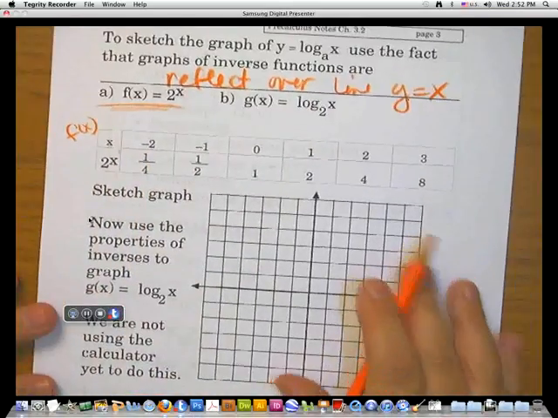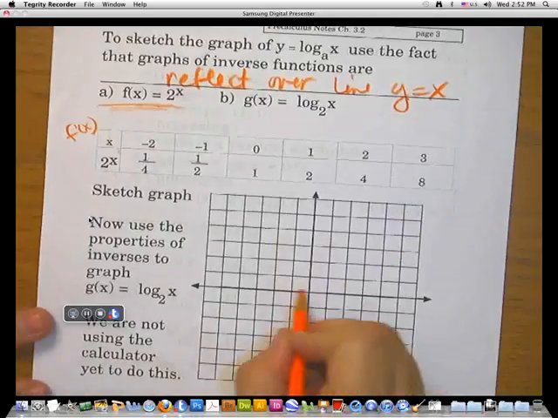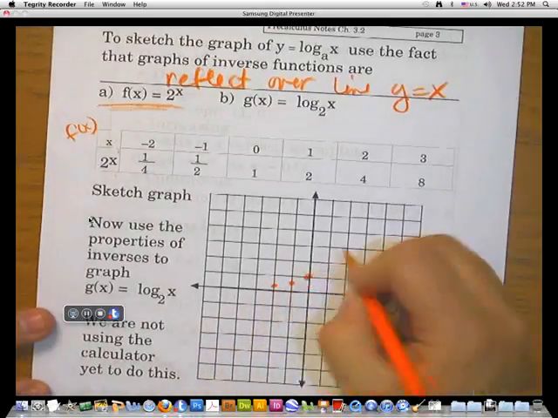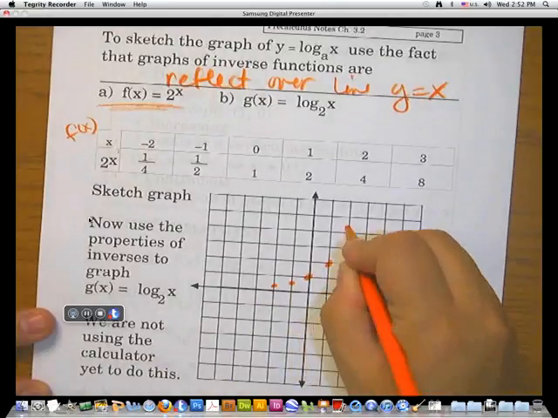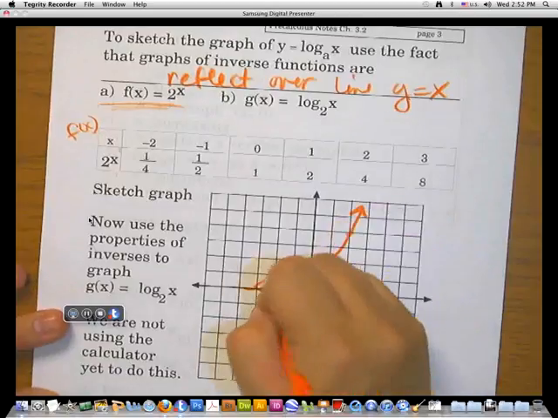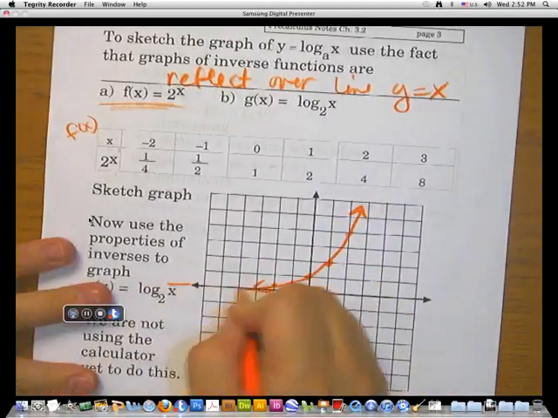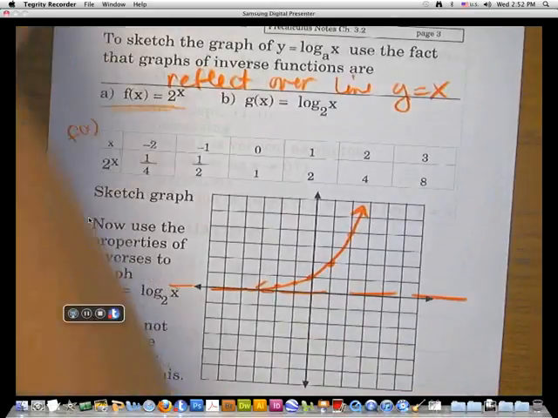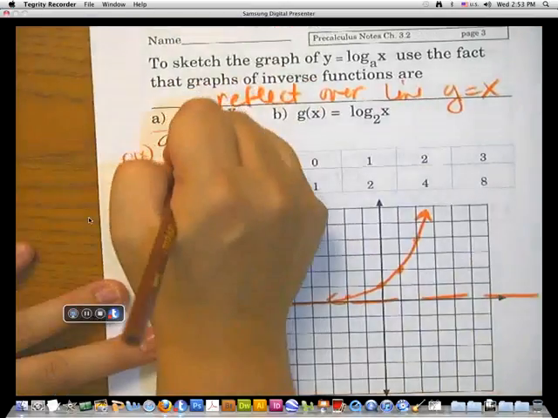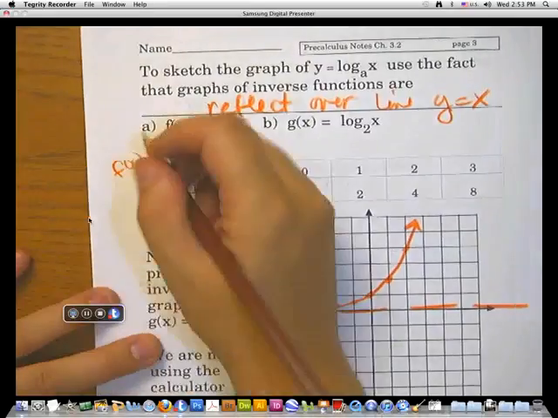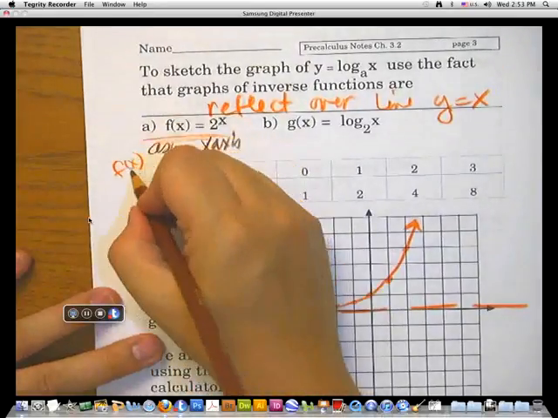It tells me my points. I get -2 is 1/4, -1 is 1/2, 0 is 1, 1 is 2, 2 is 4, and I get this f line. Again, I know that my asymptote is the x-axis for that one. These were my x values, and these are my y values.